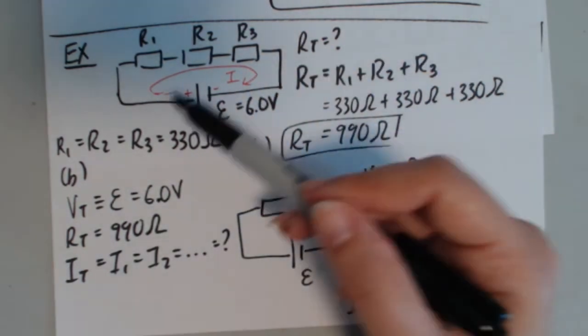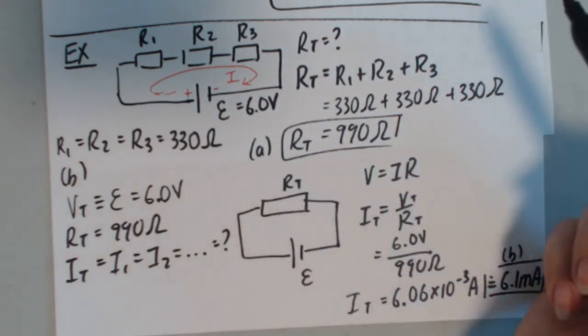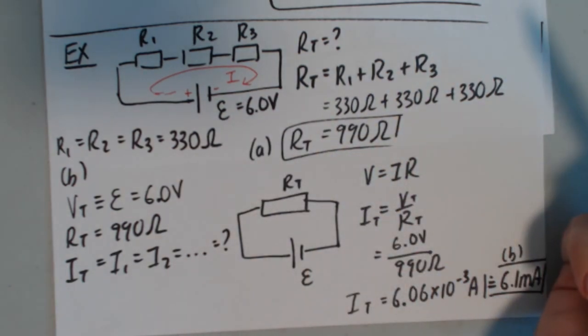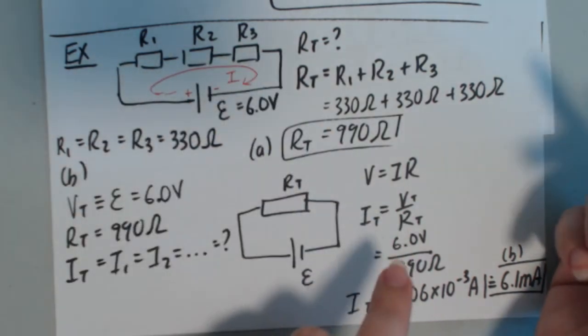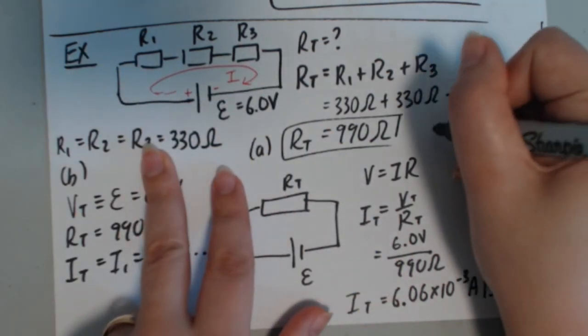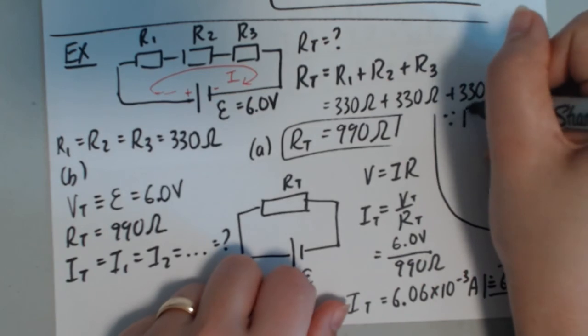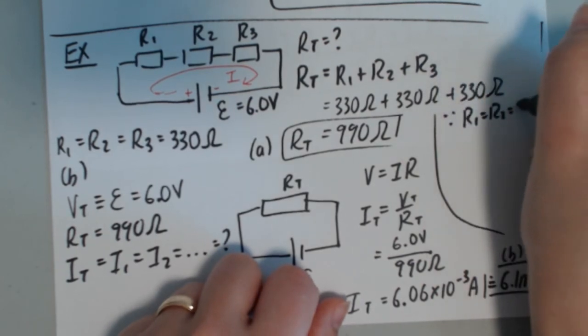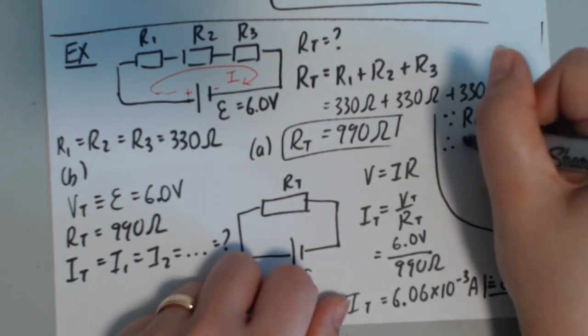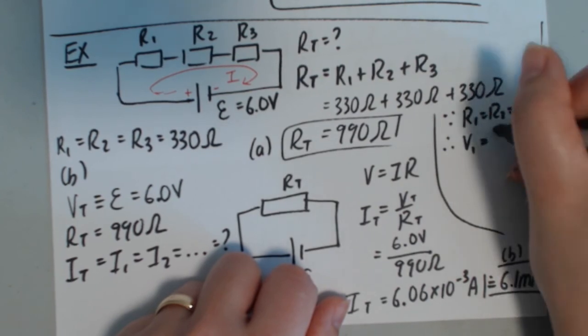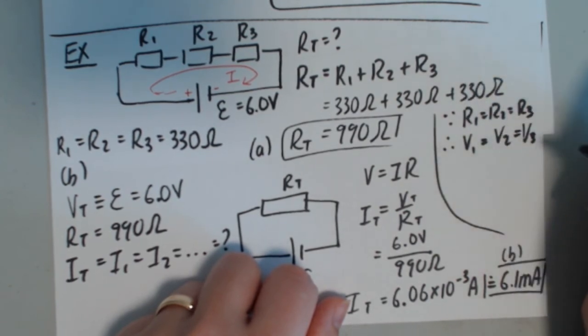So all of these resistors are rated the same. They're all 330 ohms, so they're all identical, meaning that the voltage drop across each of these has to be the same. So since R1 equals R2 equals R3, therefore V1 equals V2 equals V3.